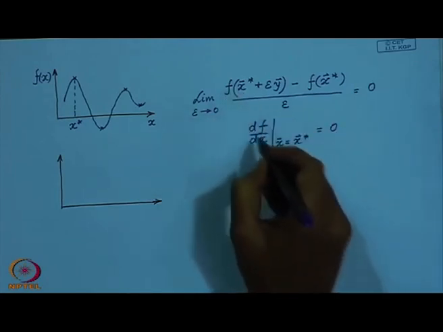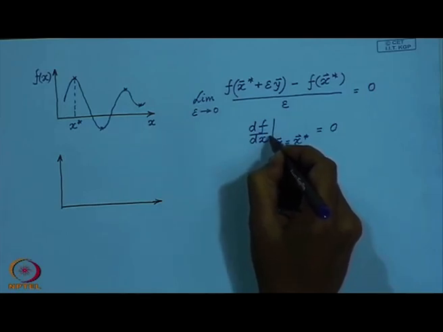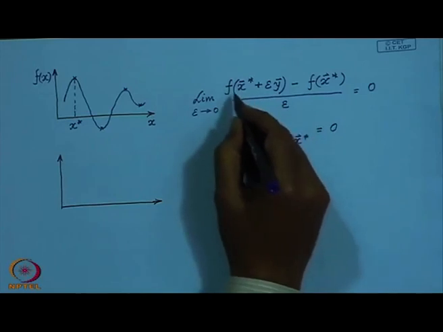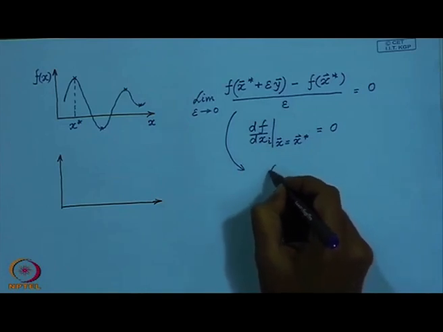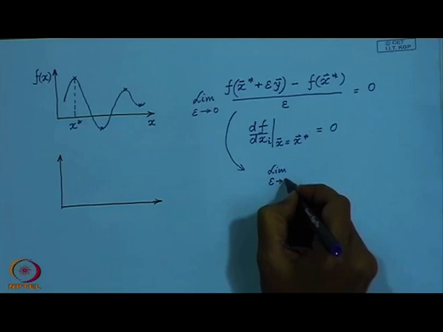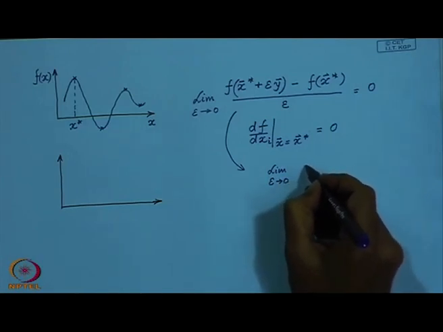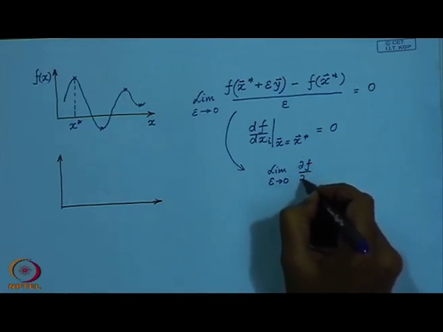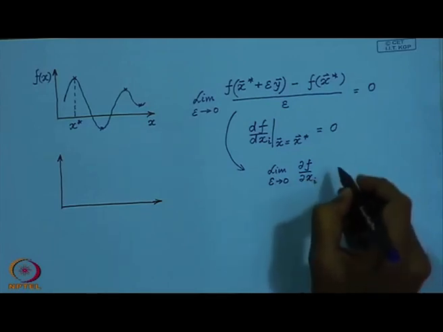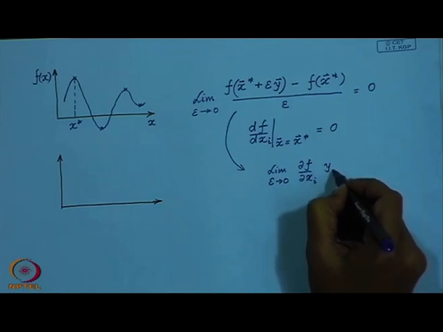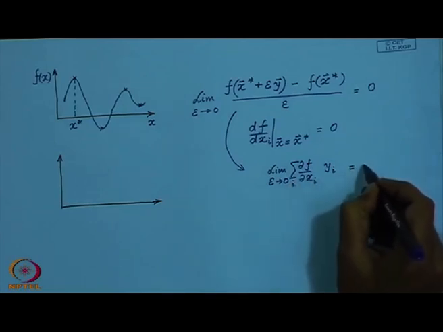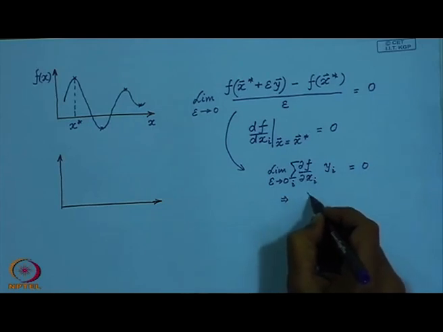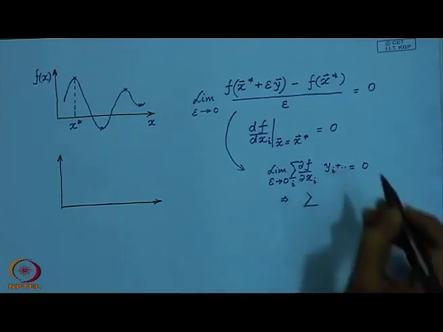If x is a vector, then let us see what happens. If you Taylor expand, then the first term, so this is the first term, there will be further terms.